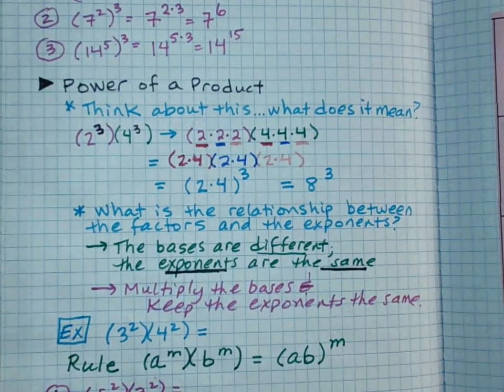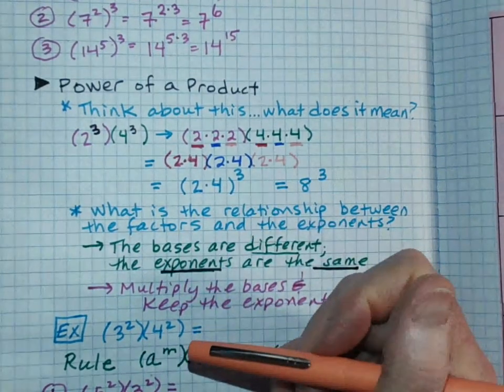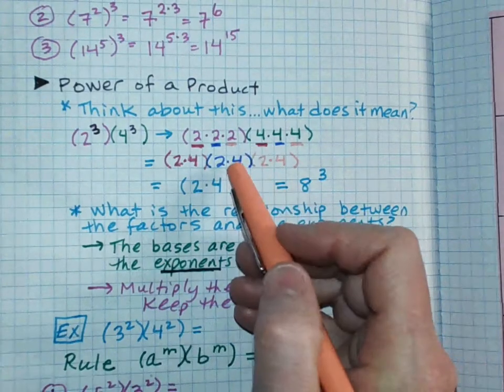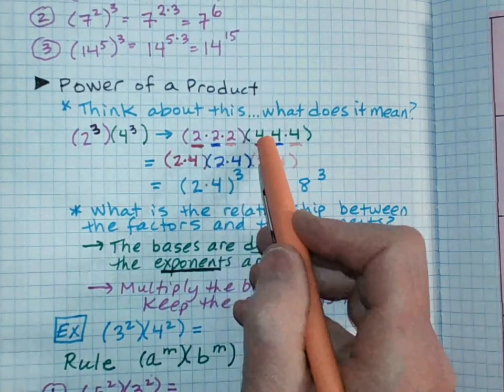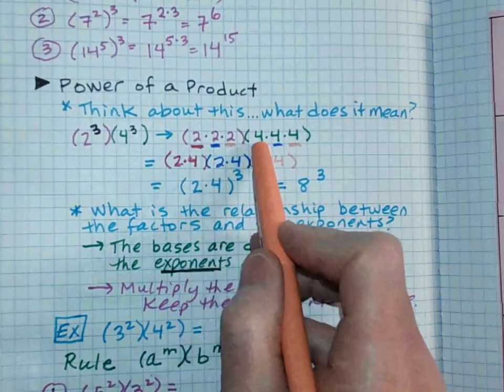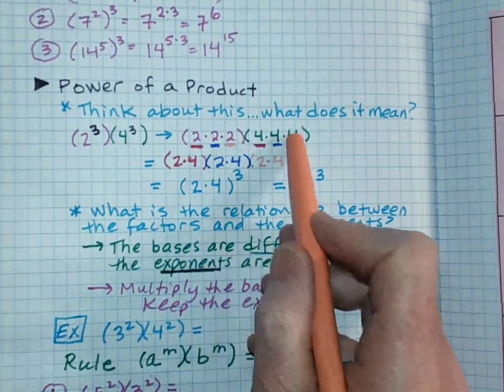Notice if I take this 2 and this 4 and we use something called the commutative property, which means we can move things around, I'm going to commute this 4 over here and say 2 times 4, and then commute there.